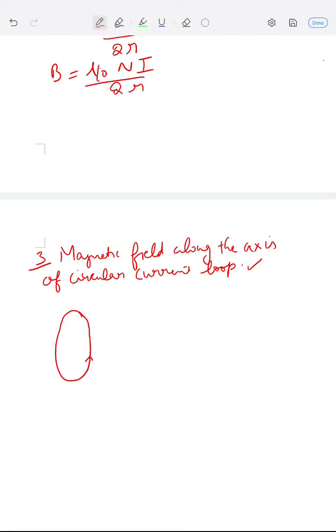where the current is flowing along the length of the conductor. This is the middle point O. And the magnetic field is produced at point P here along the x-axis.